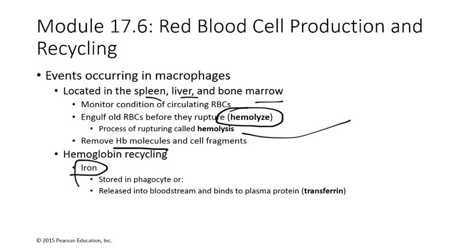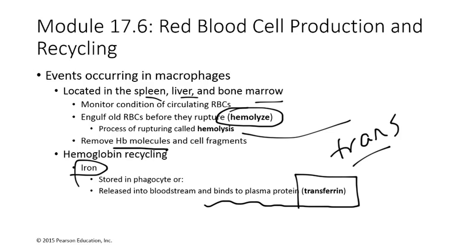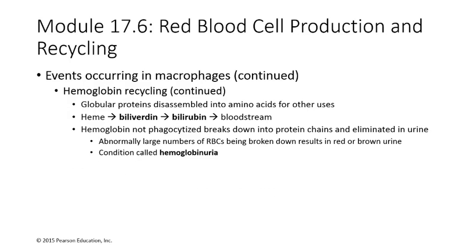It'll be released in the bloodstream and travels back on a protein called transferrin. Remember, Fe is iron, ferric. So transferrin is a protein that transfers the iron through the blood. And it'll be recycled and reused again.